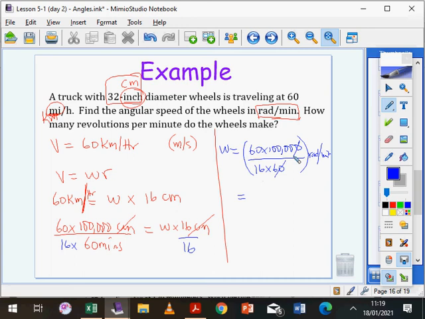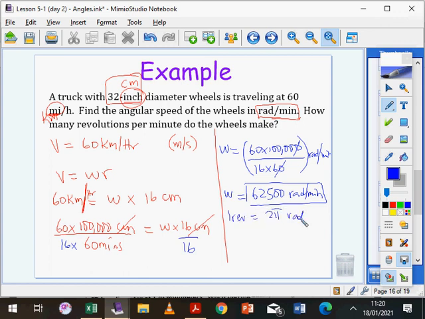So, 100,000 divided by 16 times 6. So my answer is 62,500 radians per minute. That's the angular speed in radians per minute. If I want to change it to revolutions per minute, I know that because this is radians per minute, one revolution is equal to 2 pi radians, right?